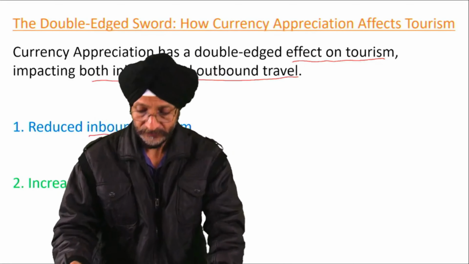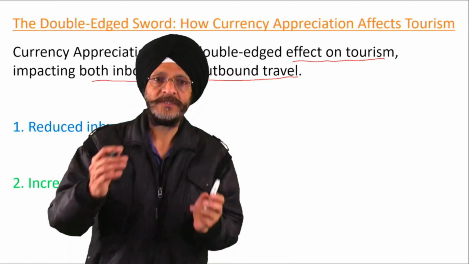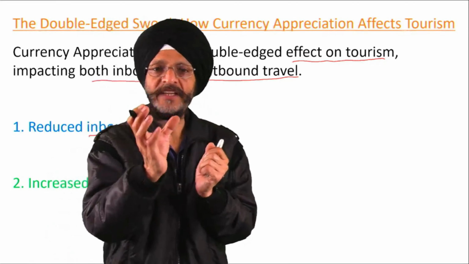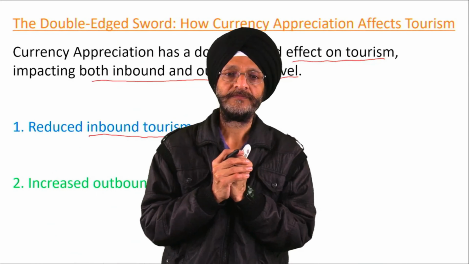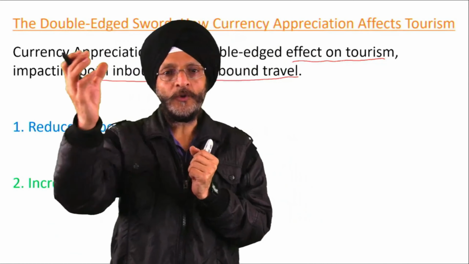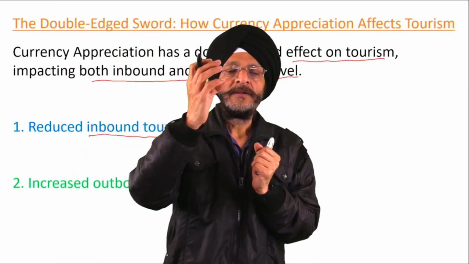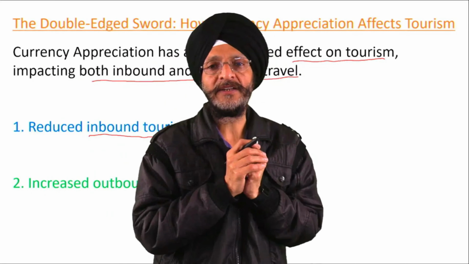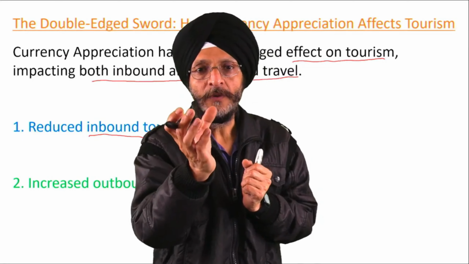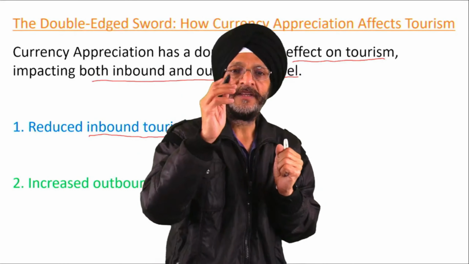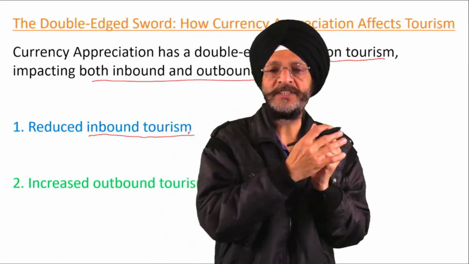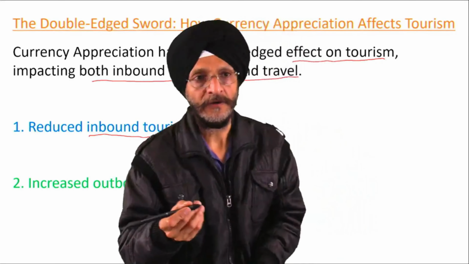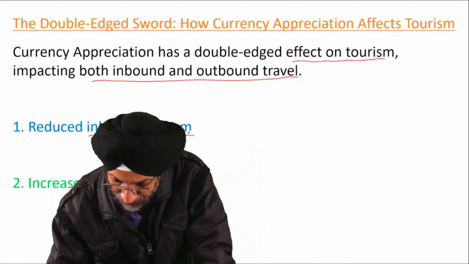Why? Because when the currency of a country appreciates, the foreign people who are visiting that country will have to pay more for their accommodation, food, etc. We will understand the same with the help of an example.